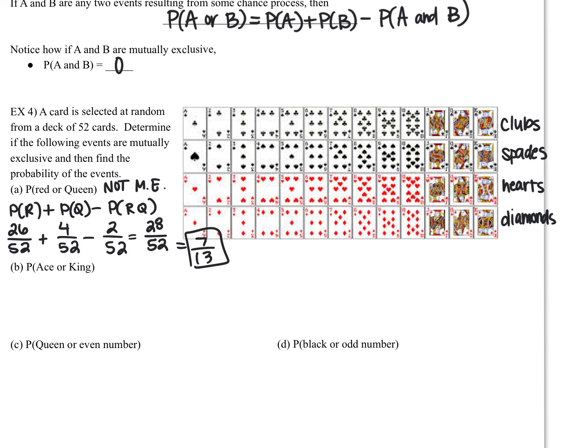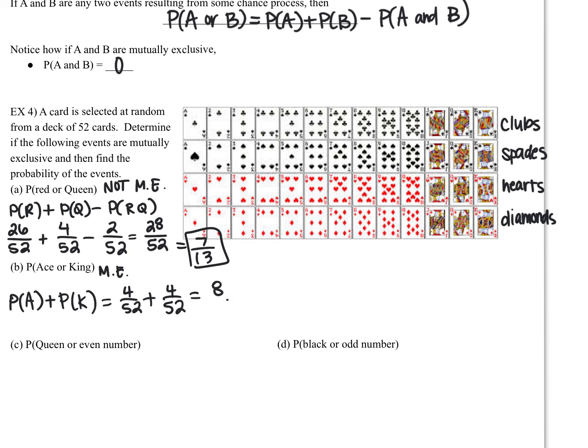Okay. Next, we want to look at the probability of getting an ace or a king. So these are mutually exclusive. A card cannot be both an ace and a king at the same time. So I can do the probability of an ace plus the probability of a king. There are 4 aces. There are 4 kings.